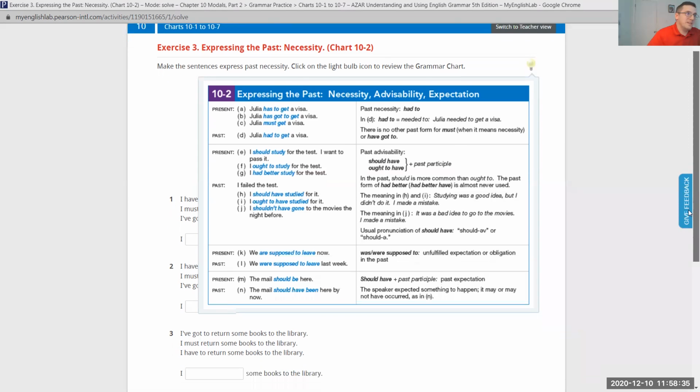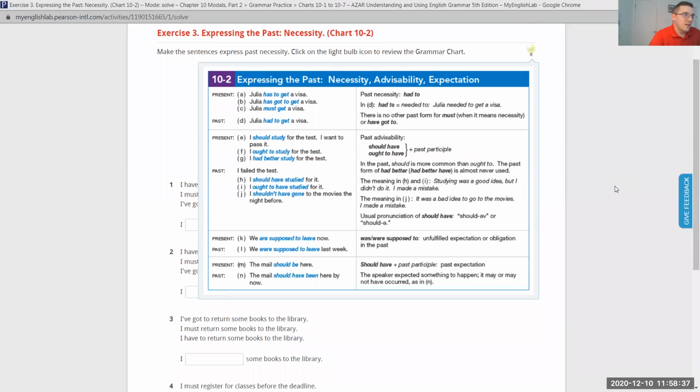For expectation, in the present, we use supposed to. Example K, we are supposed to leave now. It is expected to leave now. If we are talking about the past, a past expectation that was unfulfilled, an unfulfilled expectation or obligation in the past.